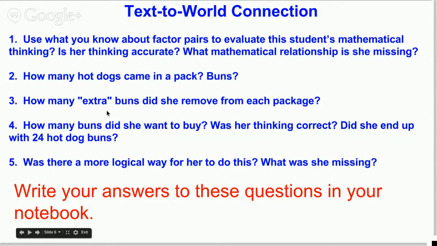How many extra buns did she remove from each package? Pause and answer that one. 4. How many buns did she want to buy? Was her thinking correct? Did she end up with 24 hot dog buns? Number 5, was there a more logical way for her to do this? What was she missing? Go ahead and pause that.